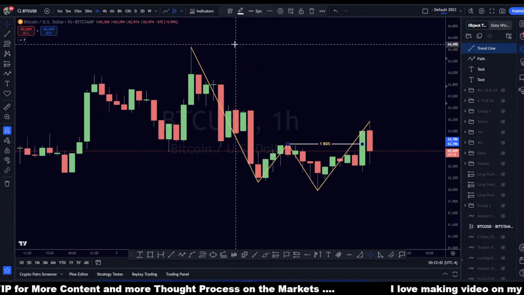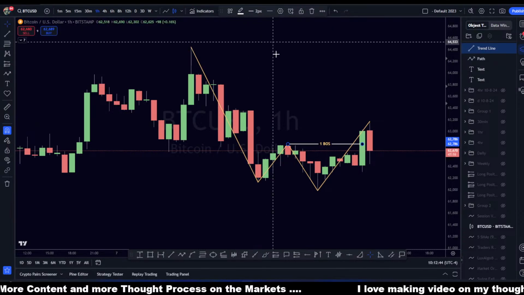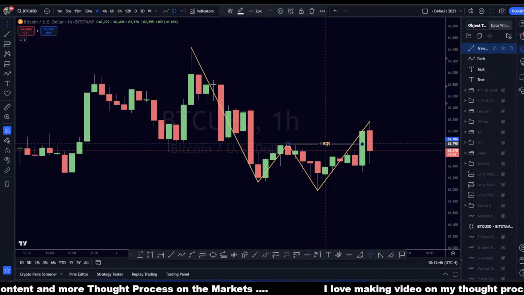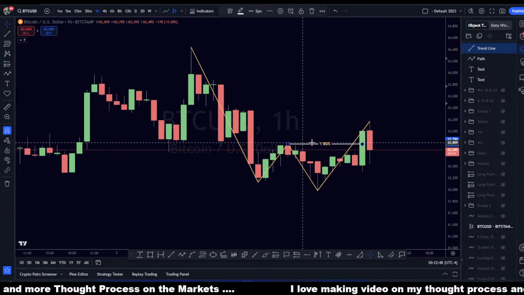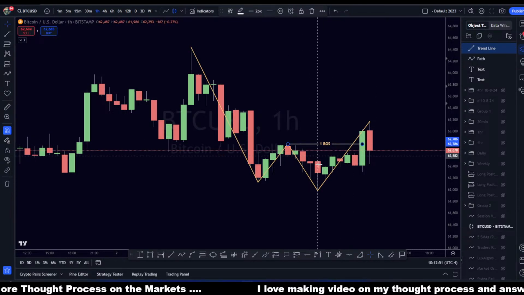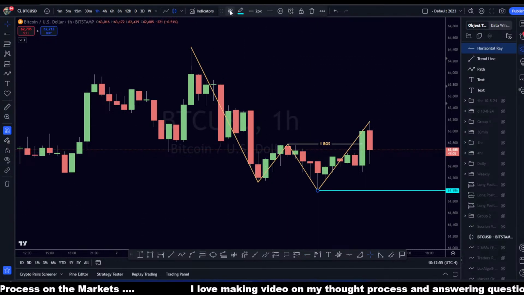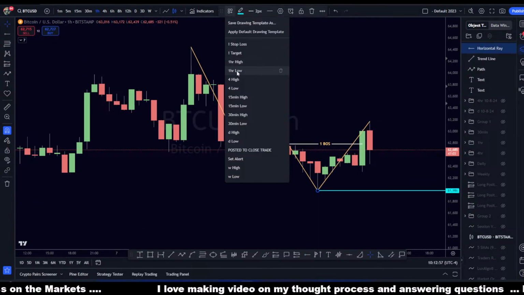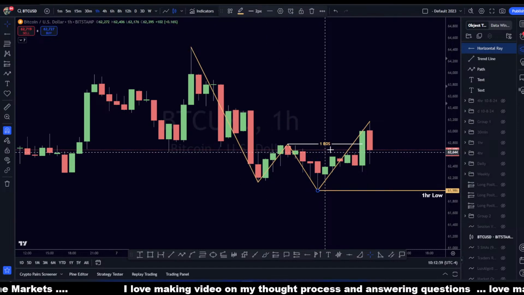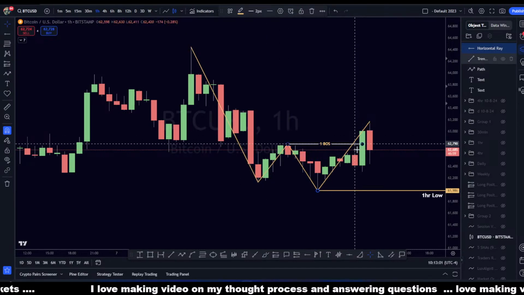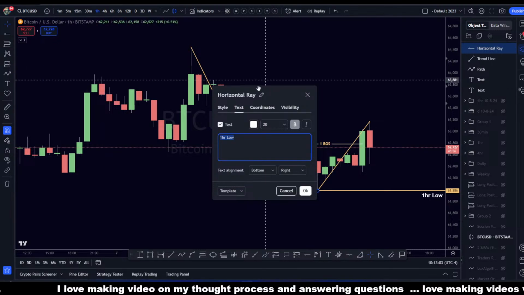This is on the 1-hour time frame, and because it created this, now we have to look within this break of structure for the lowest point, which would be right here. So this is our lowest point. Then we make sure to put this as a 1-hour low. Now because it's going up, it's a break of structure up, this is a strong low.